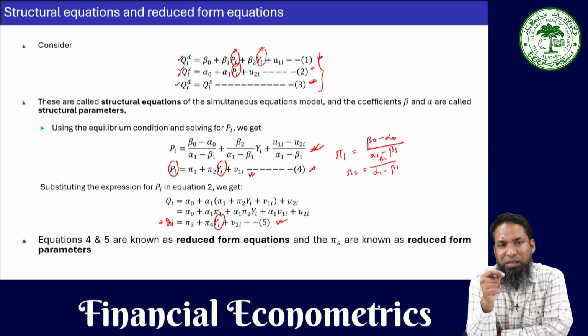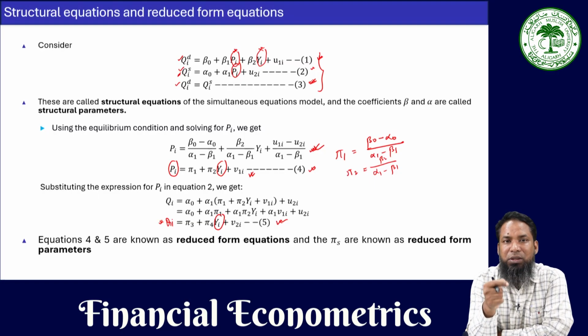So that is the concern why we change the structural form equations into the reduced form equations. Then the obvious question arises: why will we not be able to use the OLS method to estimate the parameters of the structural form equations, while we can do that for the reduced form equations?